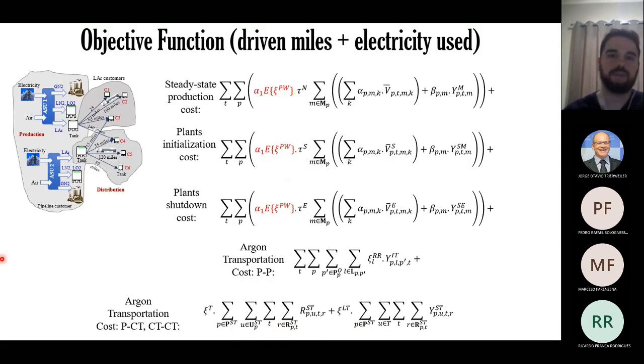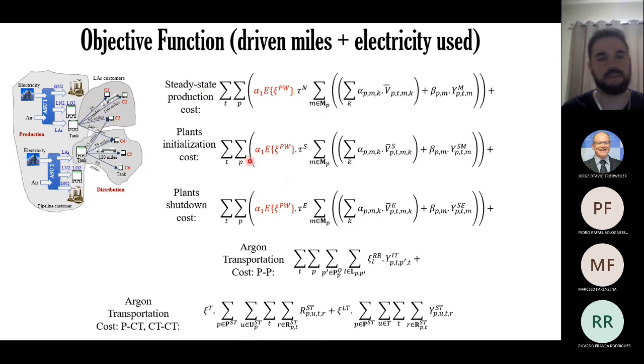Basically, the objective function is with respect to the driven miles and the amount of electricity used. Here we have this term. It is a MILP problem, okay, mixed integer linear programming. We have this steady state production cost, this term.